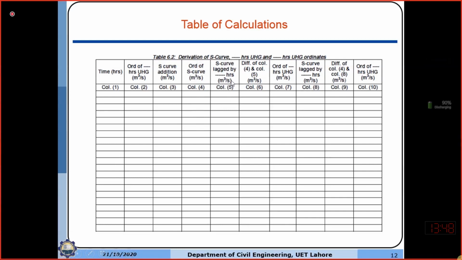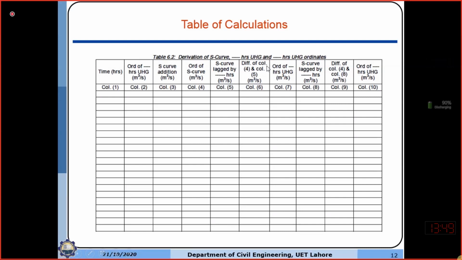So column 5, you will just repeat column number 4, but the first ordinate will start at the second hour. So 0 and 1 will remain empty. You will write the first ordinate of column 4 at the second hour and write the other ordinates as they are.